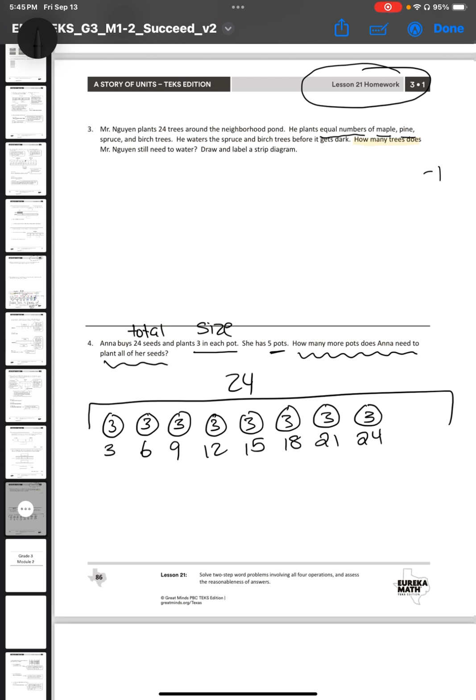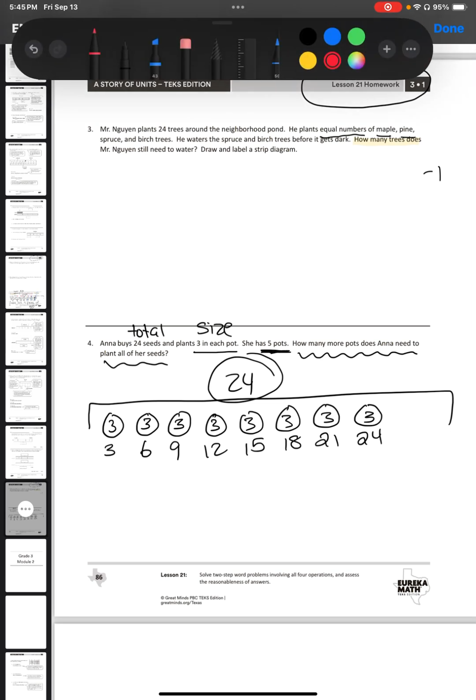What we know, let's go back and reread. Anna buys 24 seeds. She plants 3 in each pot. And we've shown that. She has 5 pots. So she has, and let's number them, 1, 2, 3, 4, 5 pots. How many more pots does she need to plant her seeds?